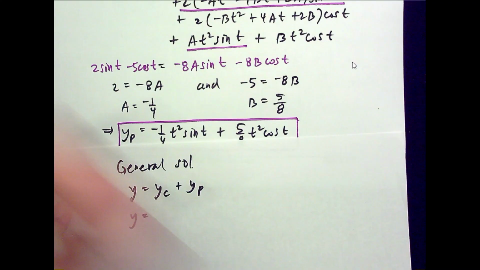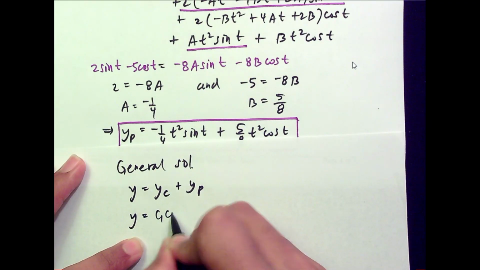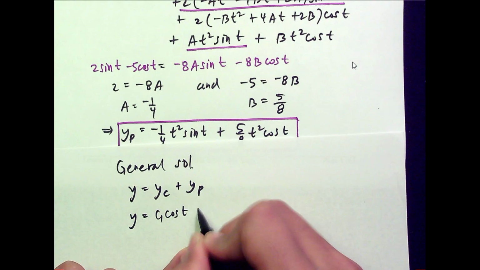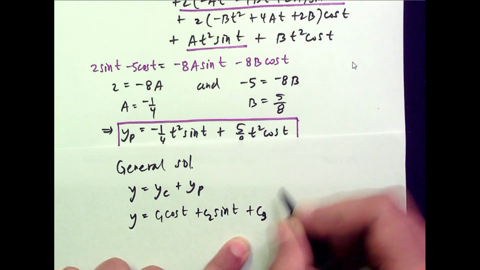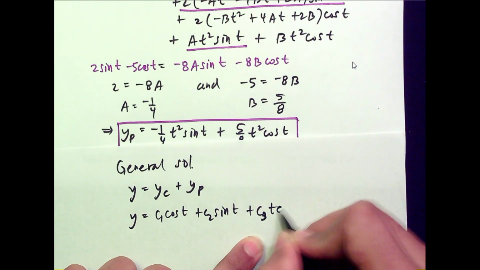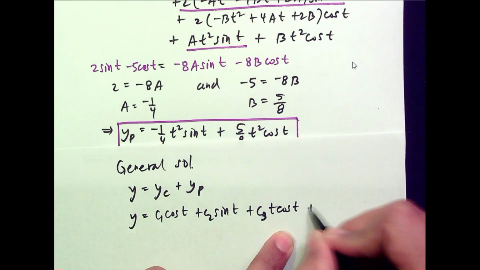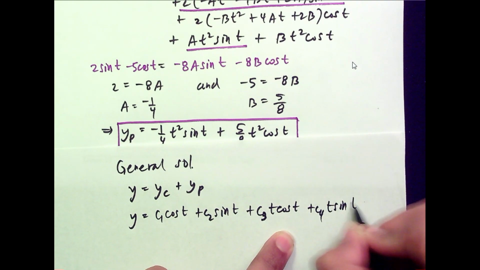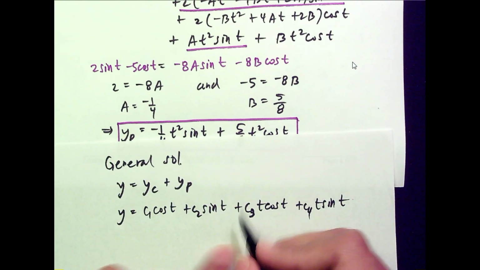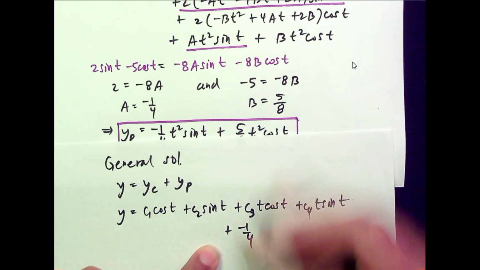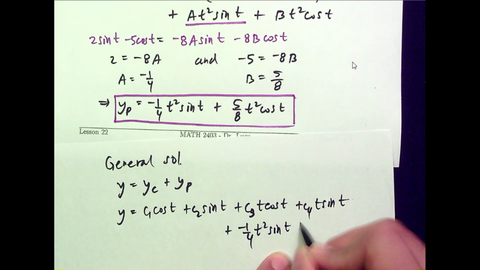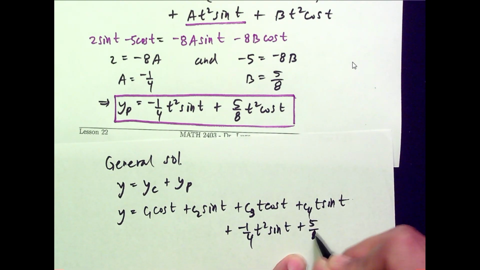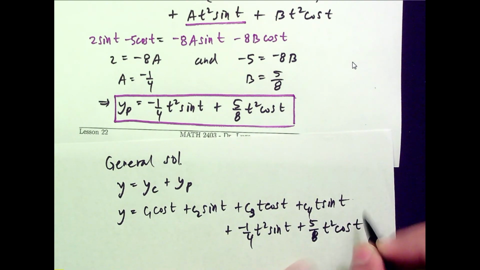Let's write it out. C1 cosine of t plus C2 sine of t plus C3 t cosine of t plus C4 t sine of t, plus negative 1/4, now the particular solution, t squared sine of t plus 5/8 t squared cosine of t.